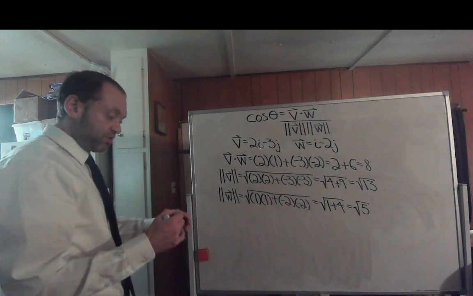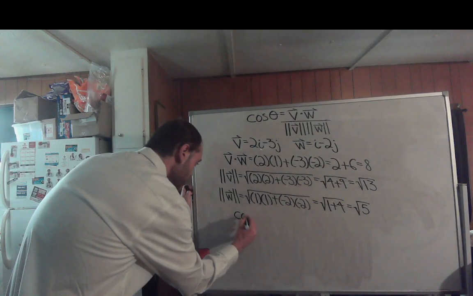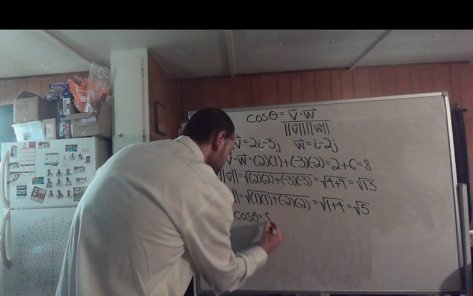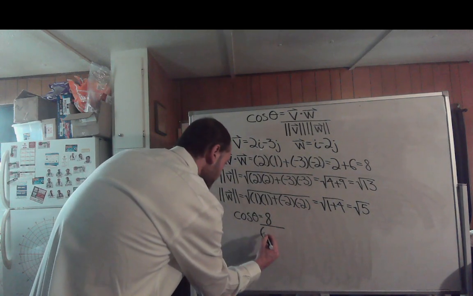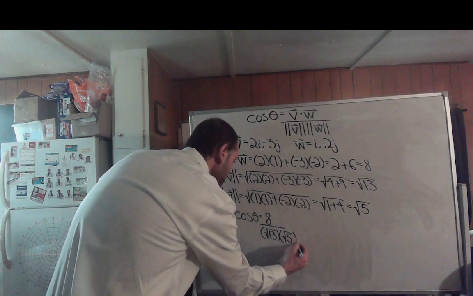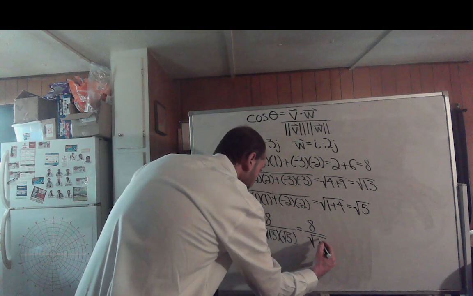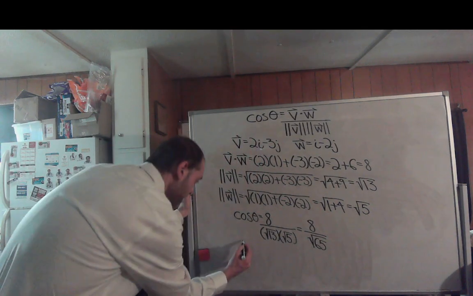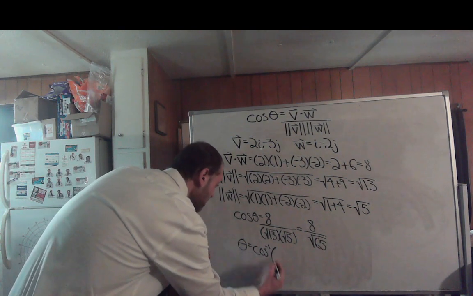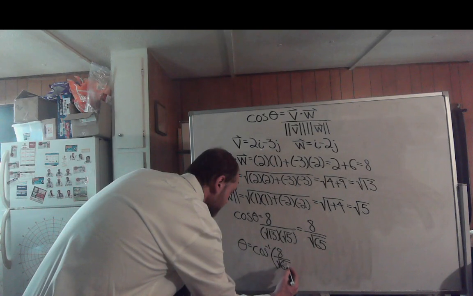So now we found both magnitudes and the dot product, we can go ahead and find the angle. So the cosine of theta is going to end up equaling that dot product of 8 over the square root of 13 times the square root of 5, which is going to end up equaling 8 divided by the square root of 65. So that means theta equals the inverse cosine of 8 over the square root of 65.